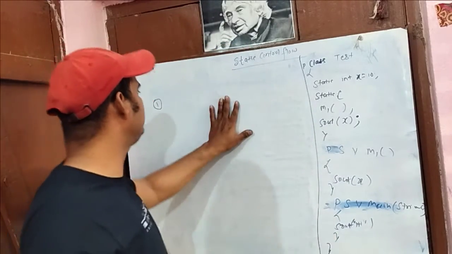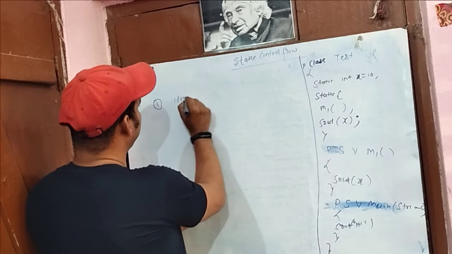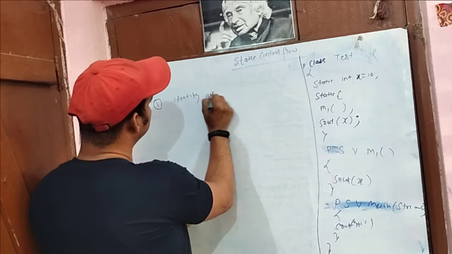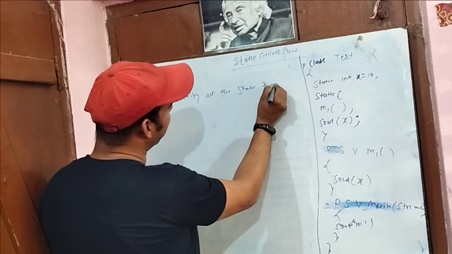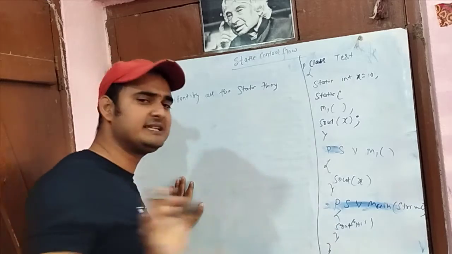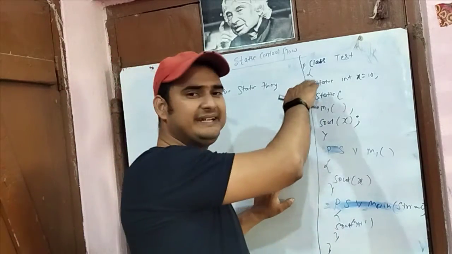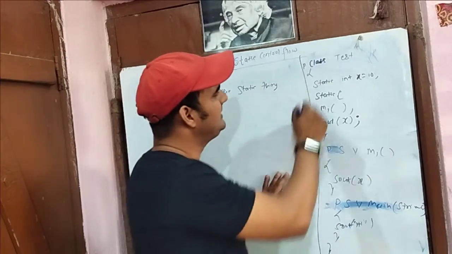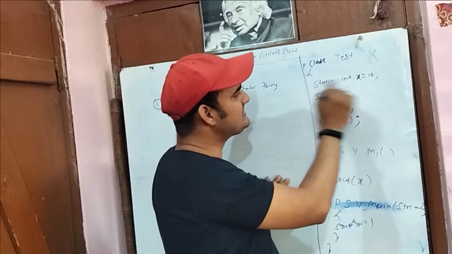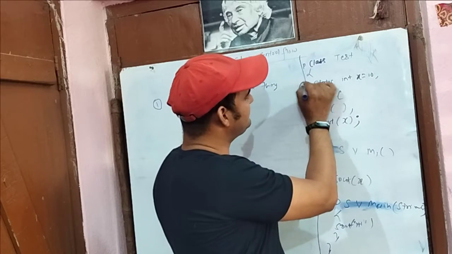So now coming to this flow, first of all what will happen is it will identify all the static things. What I have told you is that identification will be done in the first step. Coming to this program, first of all it will identify from top to bottom what the static things are. If you see inside this class, this is the first static thing.